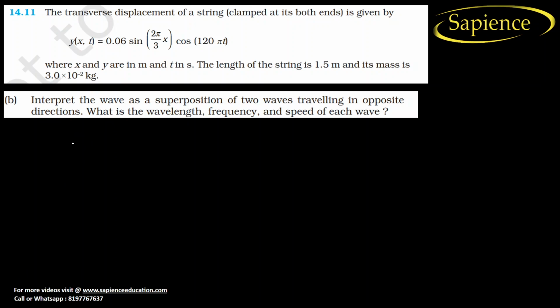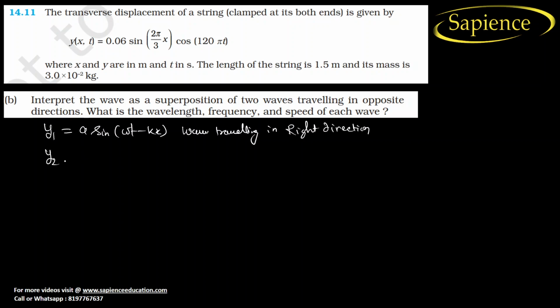Interpret the wave as a superposition of two waves traveling in opposite direction. So we know that two waves are traveling in opposite directions. One wave is moving in the right direction, so this will be y1 equals a sine omega t minus kx, a wave traveling in the right direction.